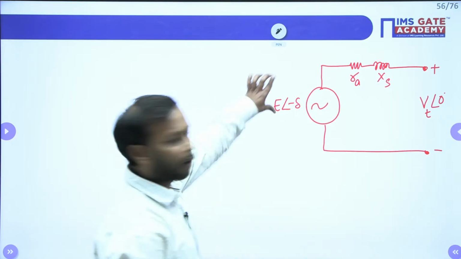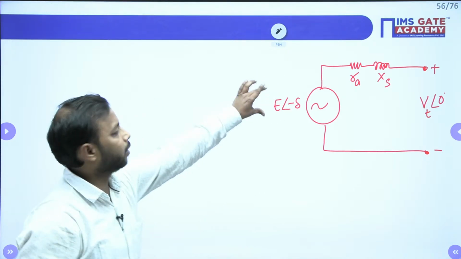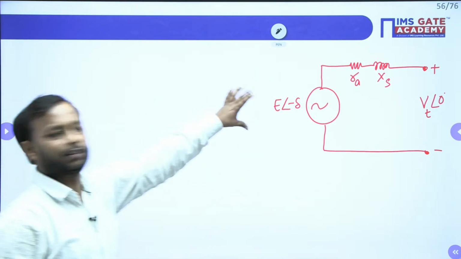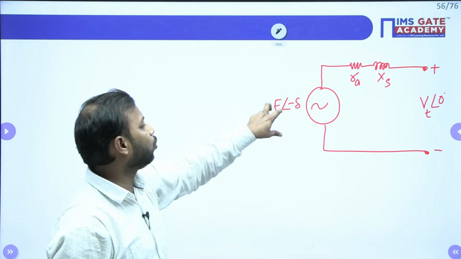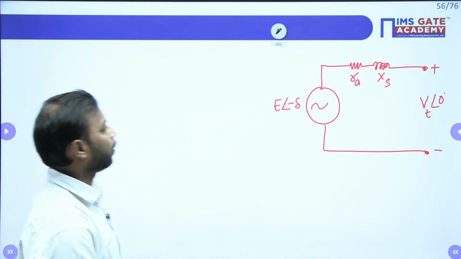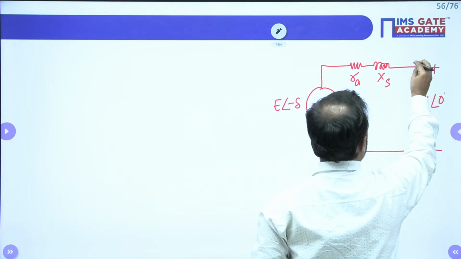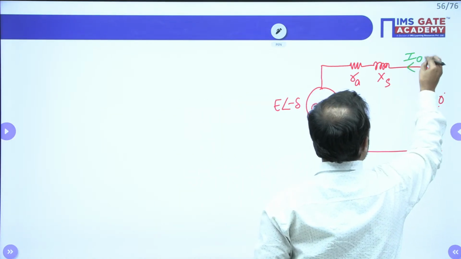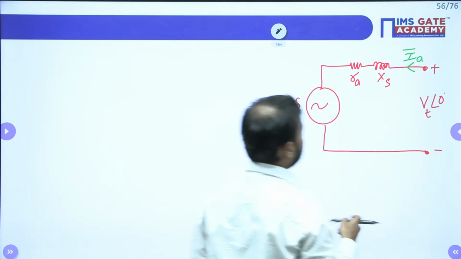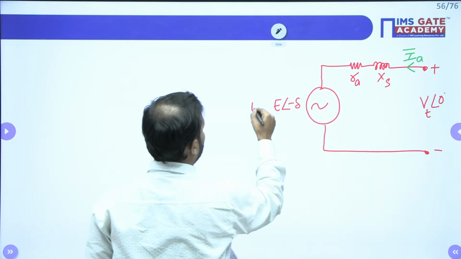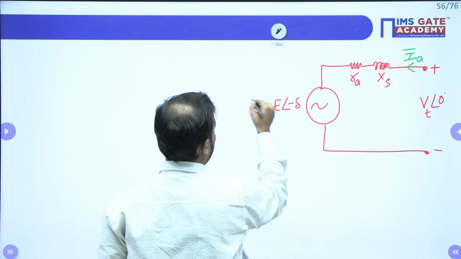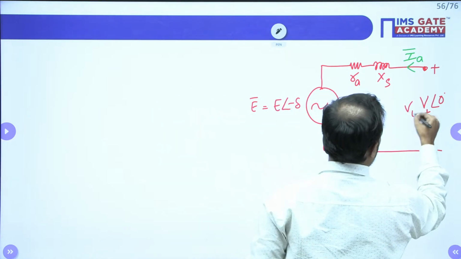So this E is what? This is magnitude. Please do not take it as a phasor. This is not the phasor, this is the magnitude of E at an angle minus delta. So this is R, and the current here is IA. All right. So this is E bar, and this is VT bar.